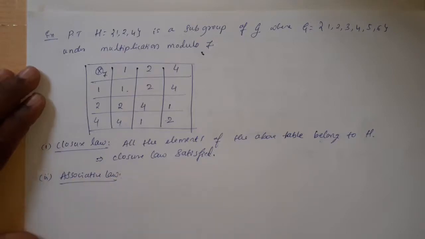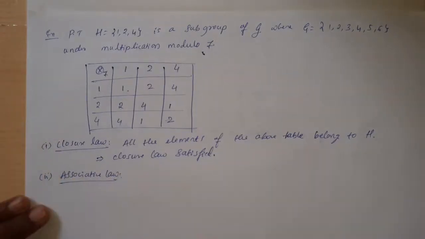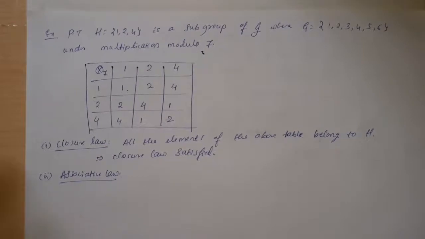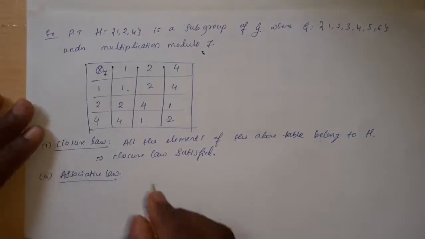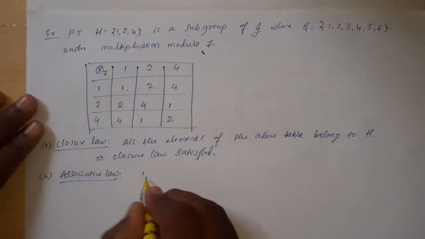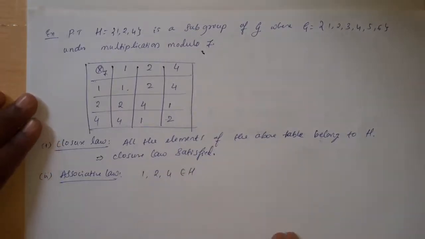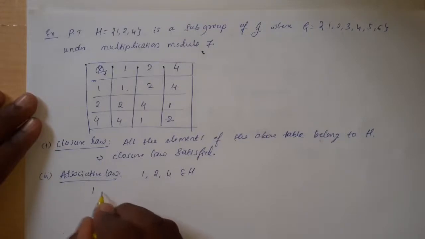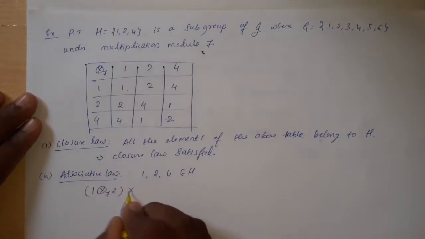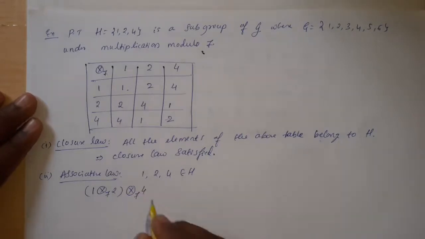Associative law. Here we need to consider any three elements of the given set, that is 1, 2, 4, all the three elements belong to H. Then here 1 multiplication modulo 7 into 2, then multiplication modulo 7 into 4, right.